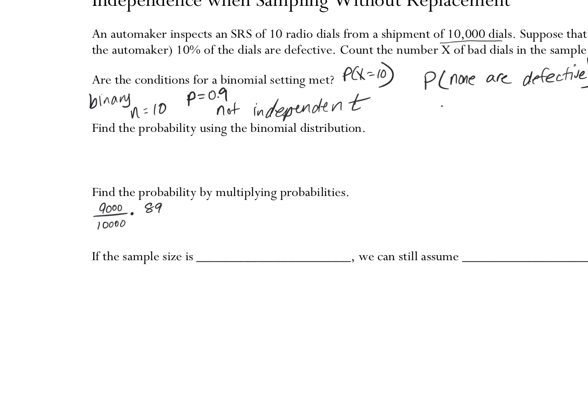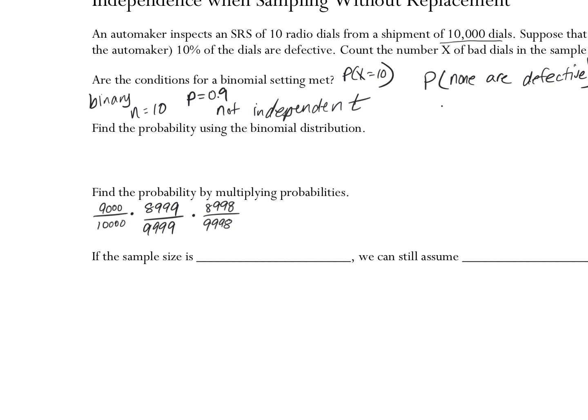It'd be 8,999 out of 9,999. Each of those will go down by 1. Times the probability the next one isn't defective, 8,998 over 9,998. Is everybody with me so far?